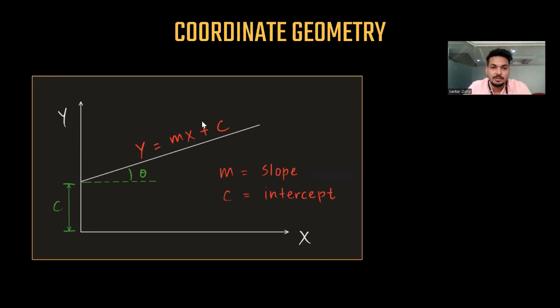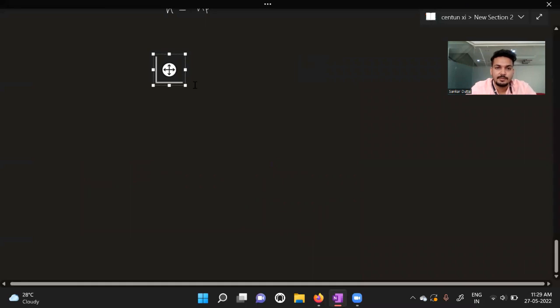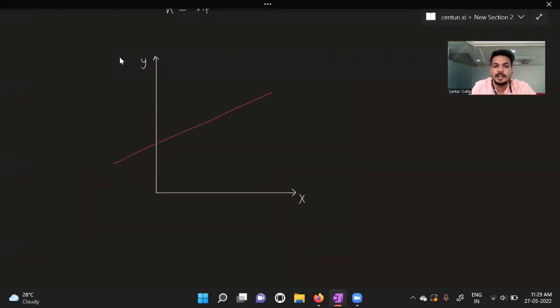Different equations. I don't know if you have heard this before, but if you have a straight line in a coordinate plane, let's say this is the x axis, this is the y axis, and you have a straight line running like this, the straight line will have an equation given by y equals mx plus c.